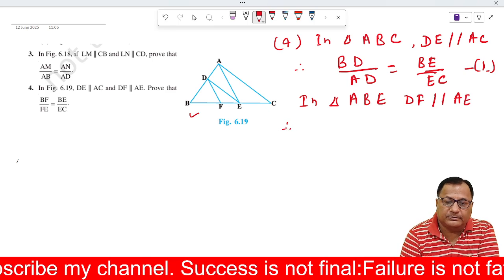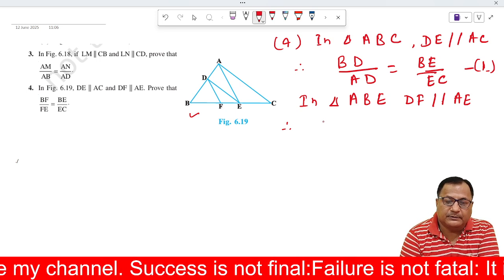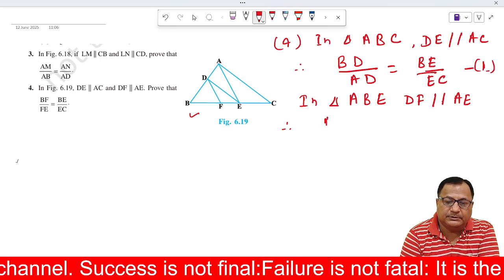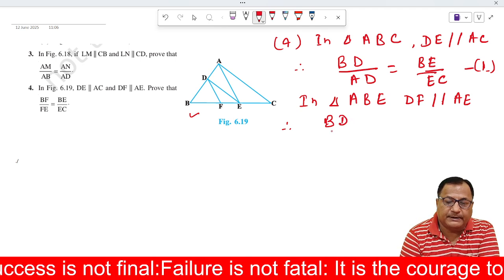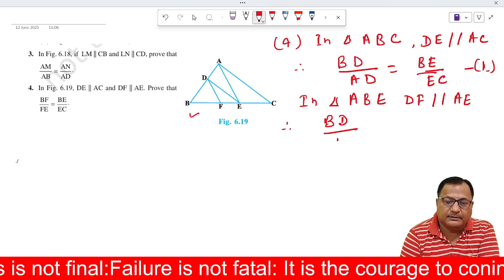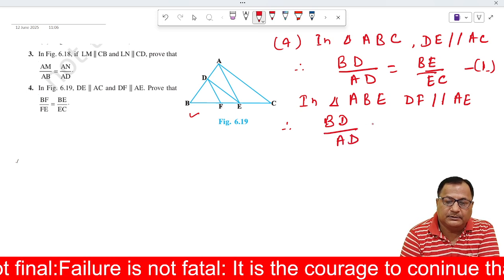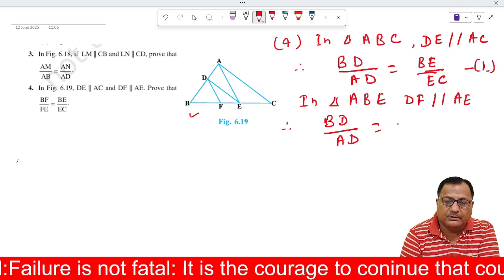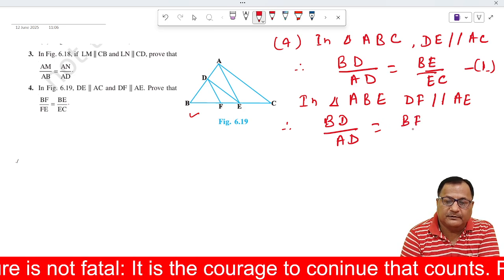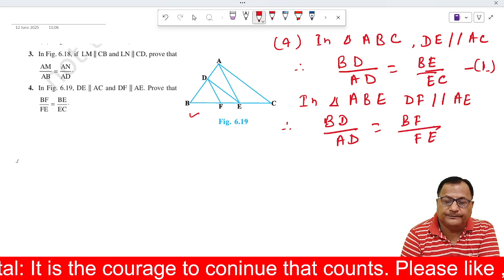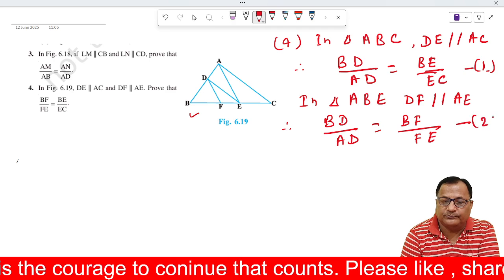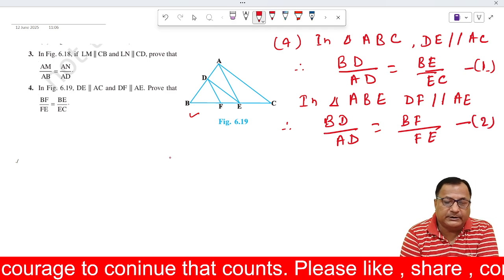So therefore, BD by AD is equal to BF by FE. This is 2. From 1 and 2.